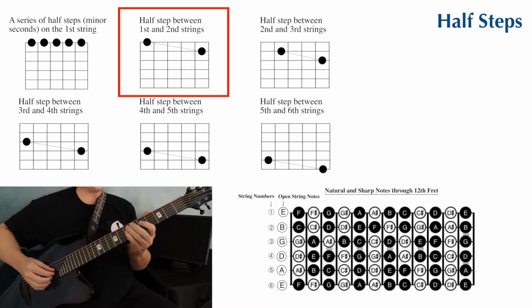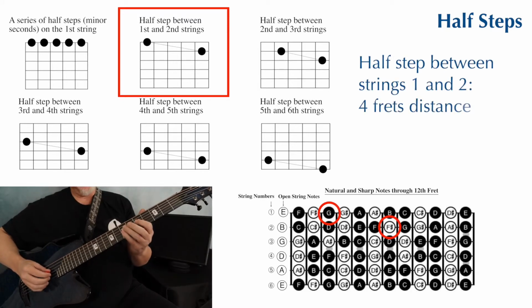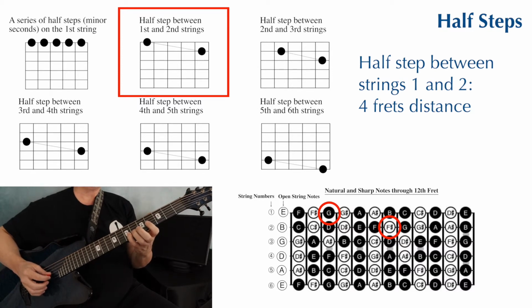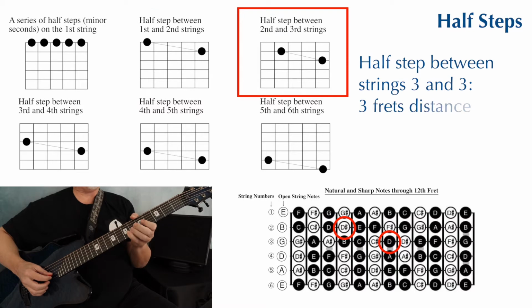So a half step between the first and second string is 4 frets apart. And a half step between strings 2 and 3 is 3 frets apart.